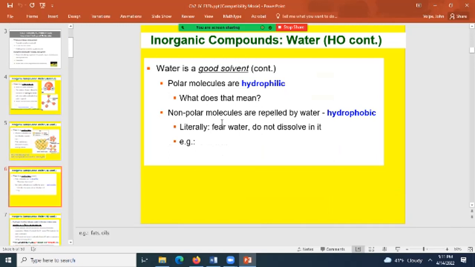Non-polar molecules are repelled by water, and we call them hydrophobic. Literally, phobic means fear of water. They do not dissolve in it. And oil is a hydrophobic substance. When you shake vinegar and oil together, they will separate and the oil will get on top and the vinegar will get on the bottom. Any questions about any of that?